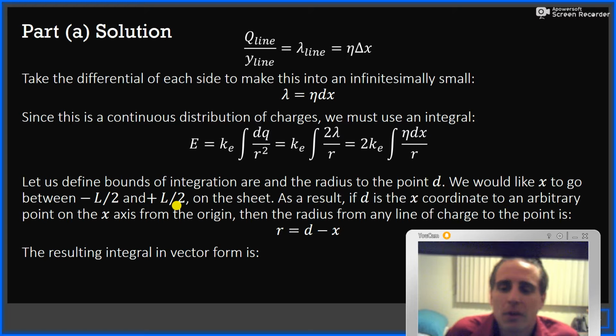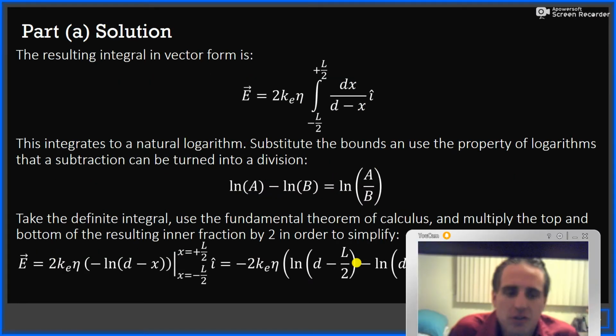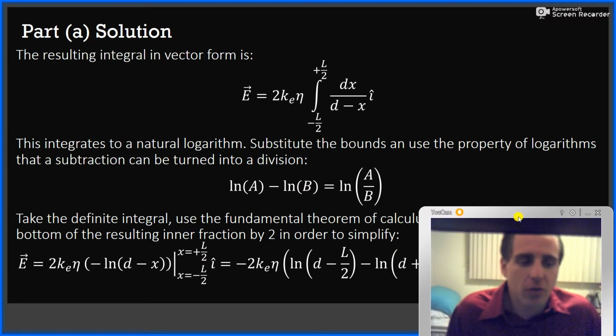So we would like to have those as our bounds of integration. So let's let r be d minus x. We can take eta outside of this integral above because it's a constant, and we should be able to get the integral in vector form as shown here.